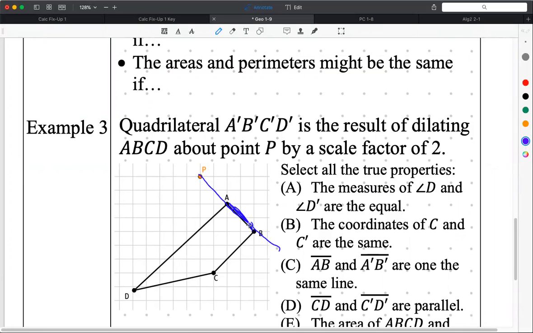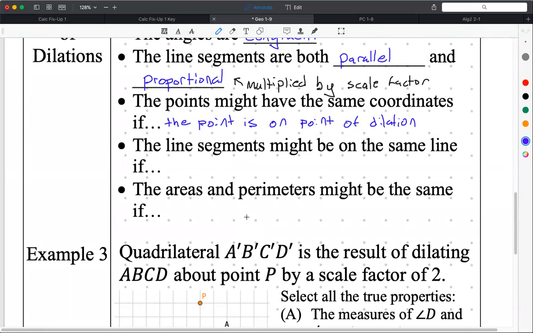Like it'll kind of extend the line almost. That happens when? And I just have to write these down because we have 2 minutes left. So if the line segment points towards that P.